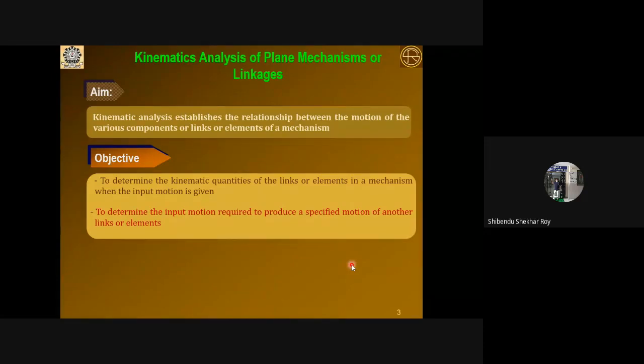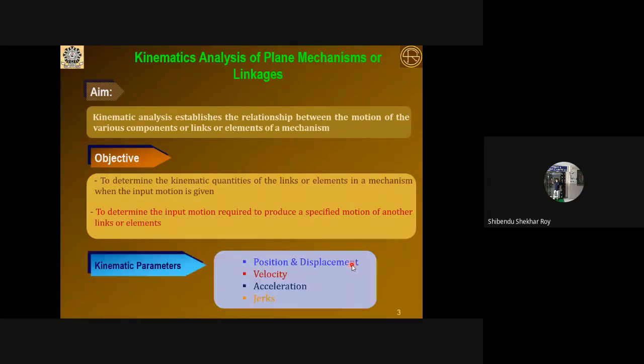What are the kinematic quantities? Kinematic quantities are position, displacement, velocity, acceleration, and there is one more, that is the jerk. But in this class, we will consider only position, displacement, velocity, and acceleration.